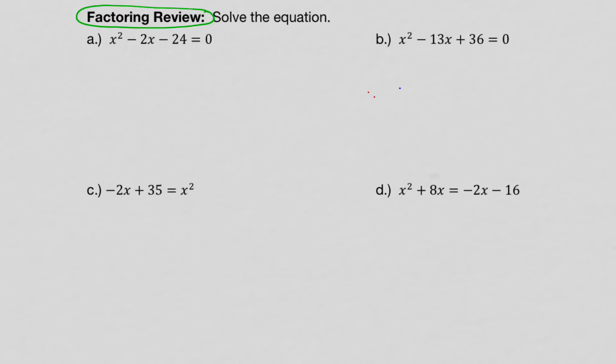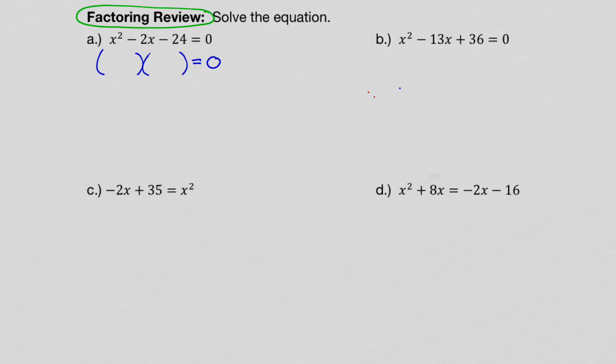So first of all, we have a trinomial and we want to factor as usual. The only difference is we have an equal sign with a 0. Okay, and I'll show you what to do in a minute.